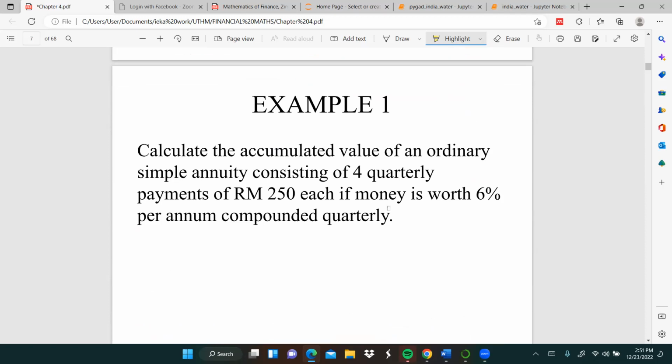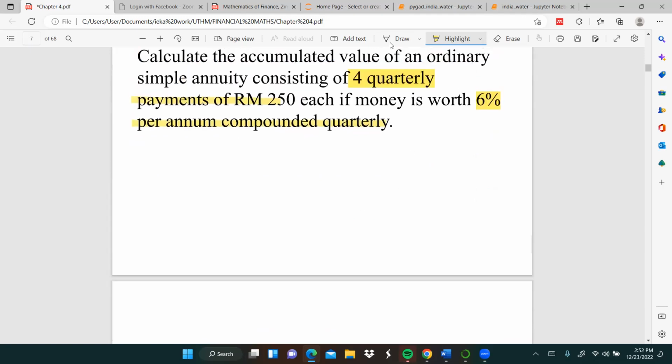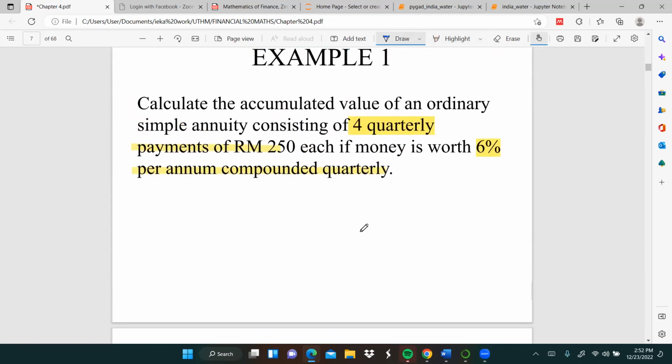So let's see how to find the accumulated value for an ordinary simple annuity. The question: calculate the accumulated value of an ordinary simple annuity consisting of 4 quarterly payments of 250 ringgit each, if money is worth 6% per annum compounded quarterly.